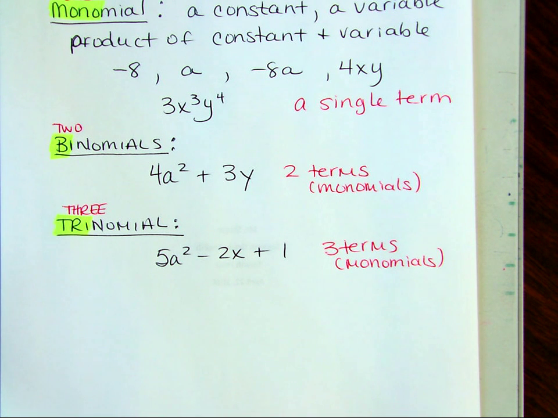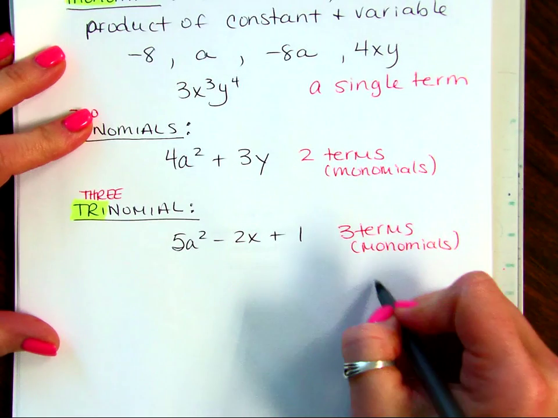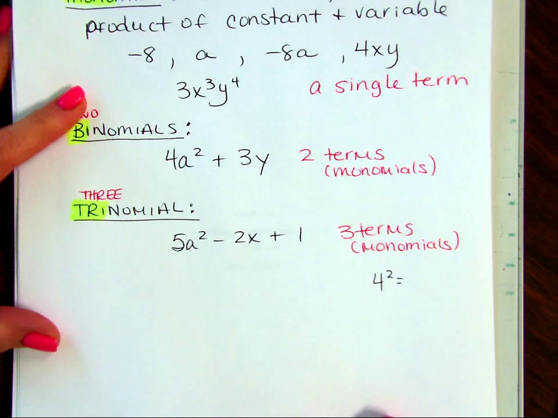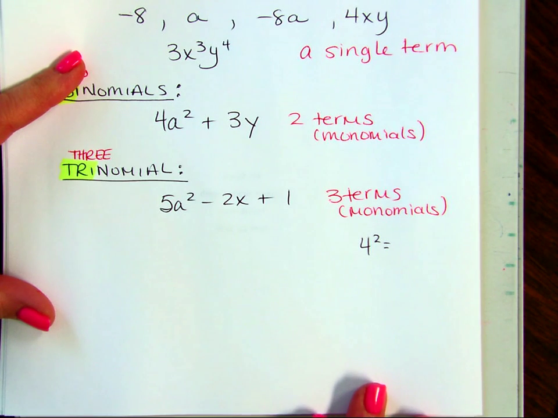All right. Now, obviously, you can have an expression that has more than 3 terms in it, but there's not really a special name for that, okay? So it's kind of like 2 and 3 have special names, like when we talk about, you know, we can say 4 to the 2nd power, or we can also call it squared.